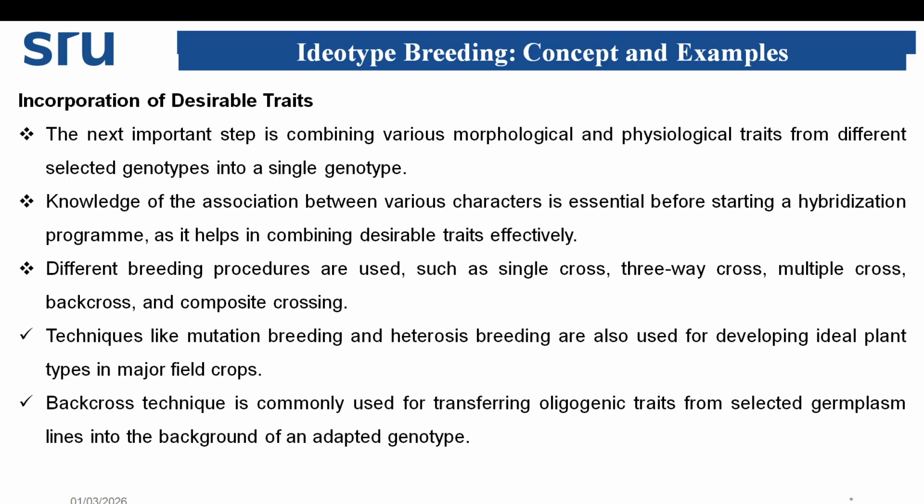Right. First we developed the model. Second, we selected the base material. Now the third step is incorporation of desirable traits. This important step combines various morphological and physiological traits from different selected genotypes into a single genotype.